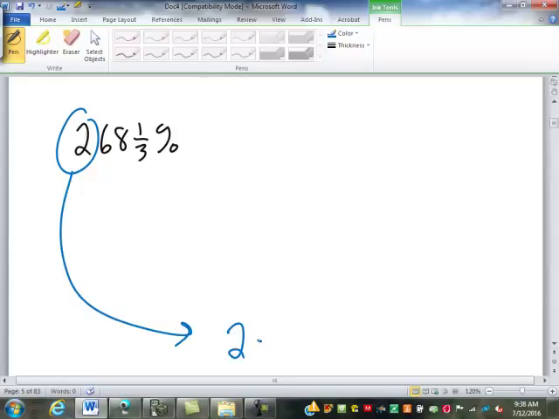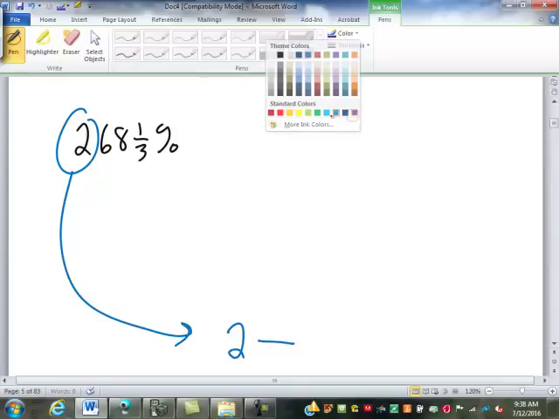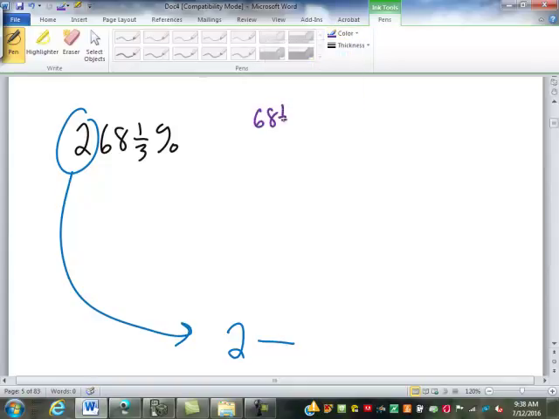So it's going to be 2 with some fraction. Then what? 68 and 1/3 over 100. Times 3. Why 3? My denominator is 3. No, they're not always going to be 3. I just tend to do that because there's some patterns where 1/3 are really easy to convert into neat fractions.